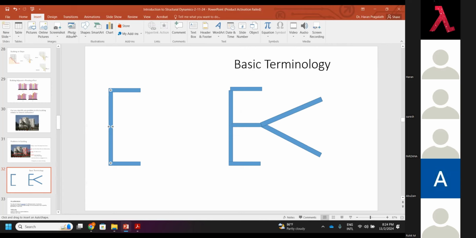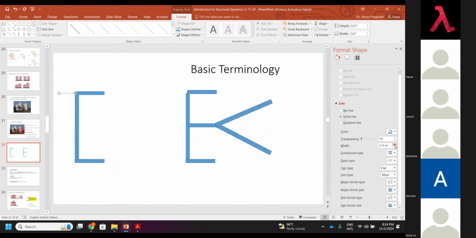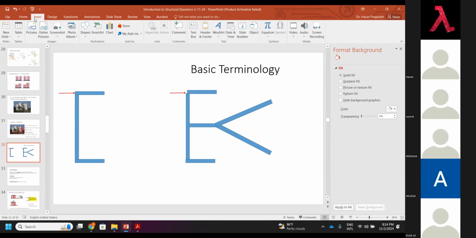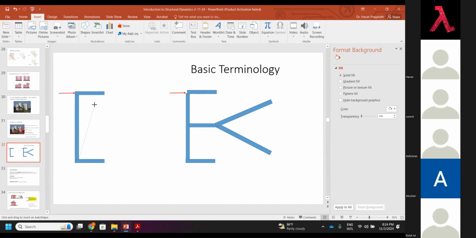For this horizontal load, let's say this is my horizontal load, my building will deflect in this path.